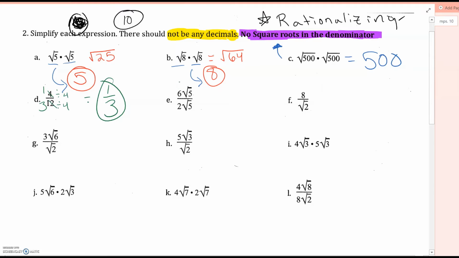Okay, and letter E here, if I had 7/7 as a fraction, whenever you simplify it, it is just equal to 1 whole. So a lot of times we could just cancel out like we normally would. Those would be 1s. Same thing happens with my square roots. If I have 5/5, they can cancel out to make 1 whole. 6/2, if I divide both of those by 2, I would get a 3 in the numerator.